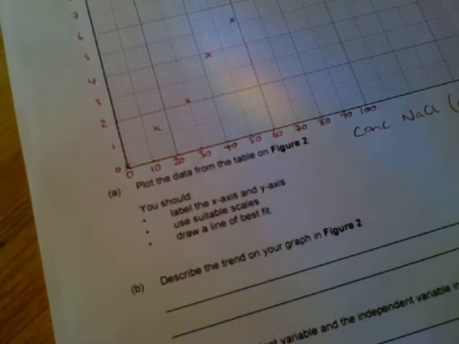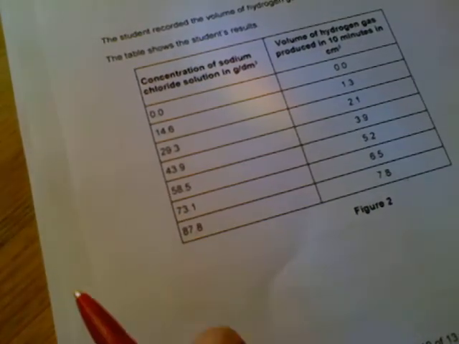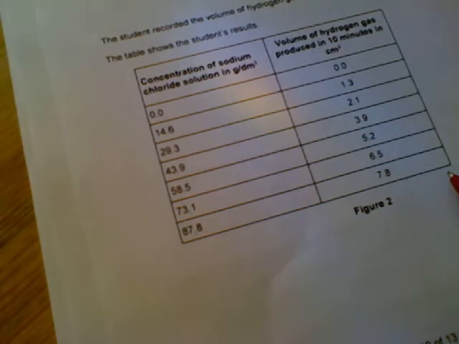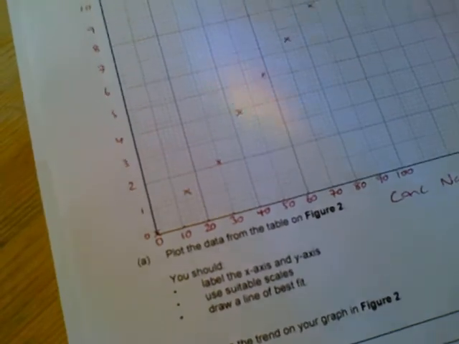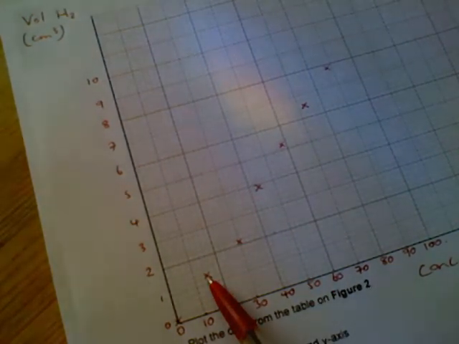Use suitable scales. So I use the information here to indicate I went up to 100 in total here for the concentration, and I went up to 10 for the volume of gas. Okay, so I knew that I had scope to include all of those figures. And then I plotted those. Now, to get the marks, you have to plot these within 0.5 of a square.